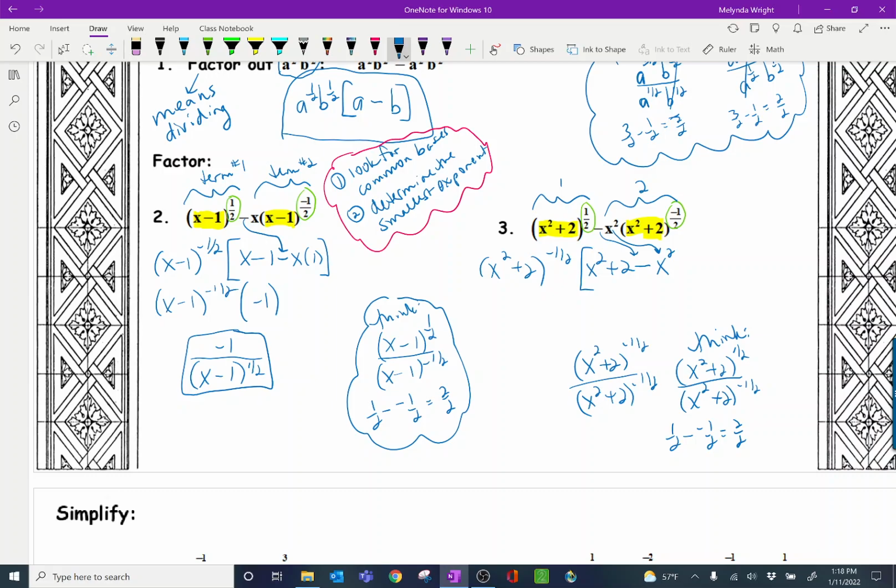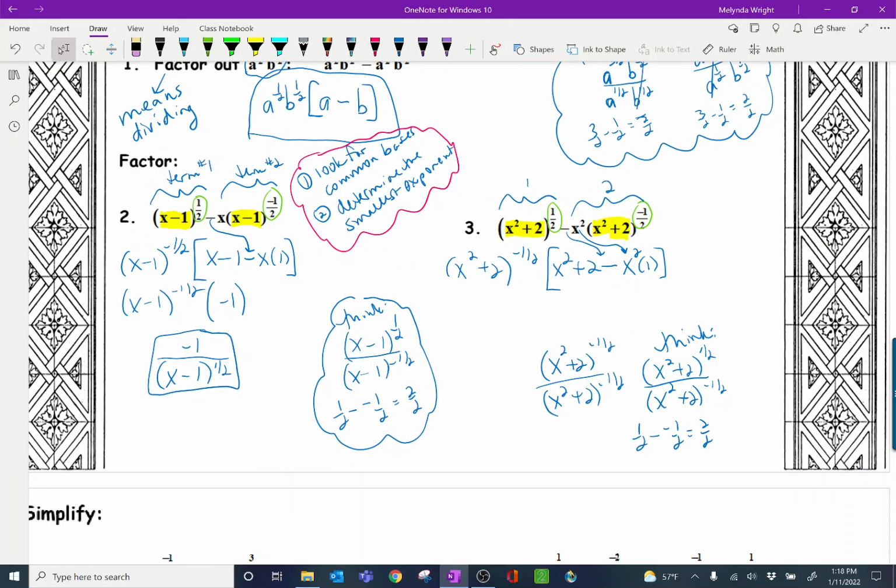Anything over itself is the same as 1. So I'm just left with this x squared times 1. Oh, this is very similar to the other one, isn't it? The x squared minus x squared goes away, and I have a negative exponent there, the x squared plus 2 to the negative 1/2.